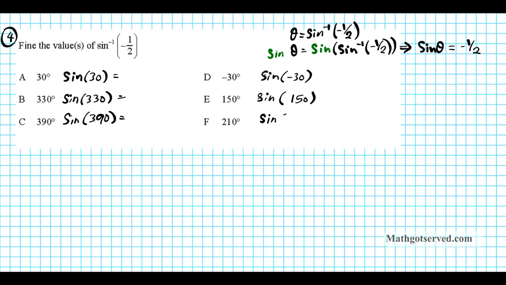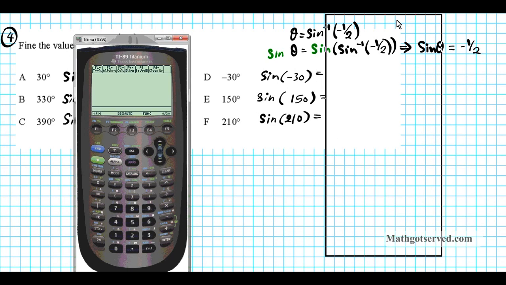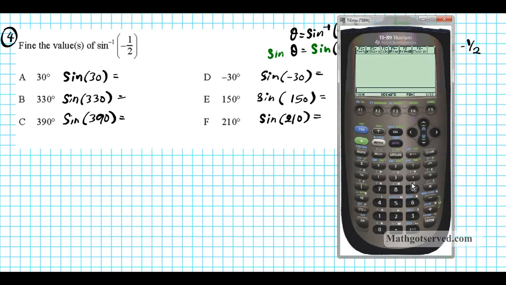I want to see which one yields negative 1/2 as an output. Now you have to be careful. You have to ensure that your calculator is in degree mode before you start your computations. So you can see DEG here, my TI-89 Titanium is already in degree mode. If not, you just go to mode and change it.